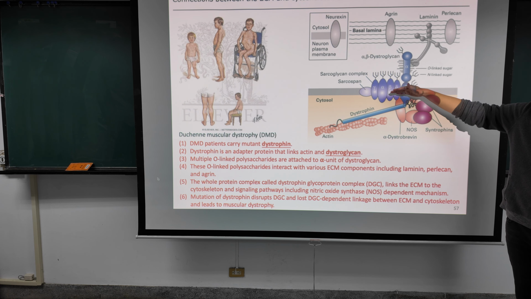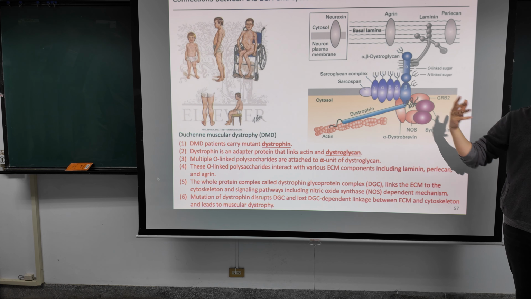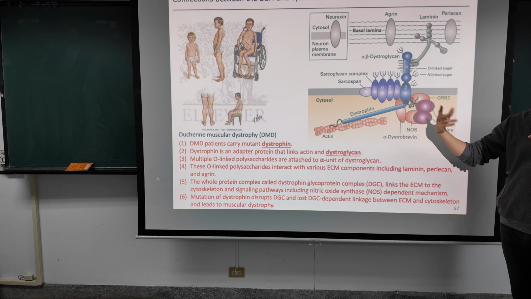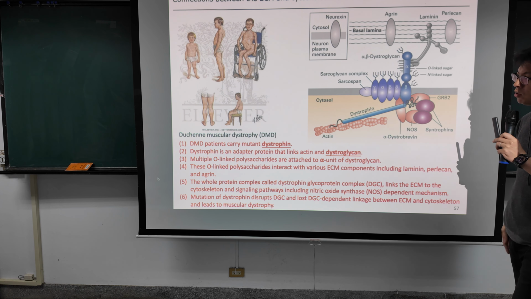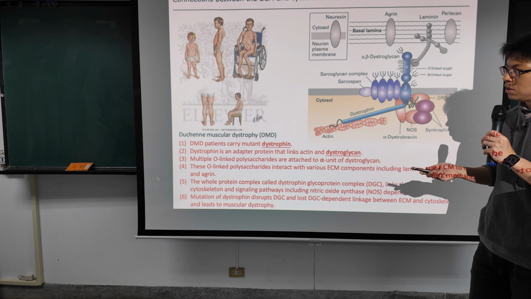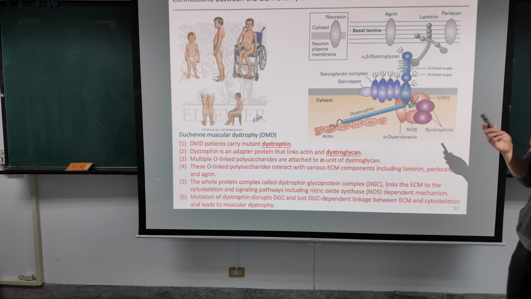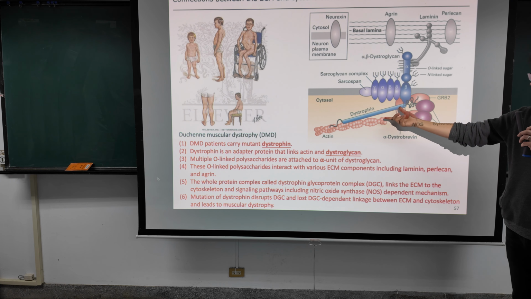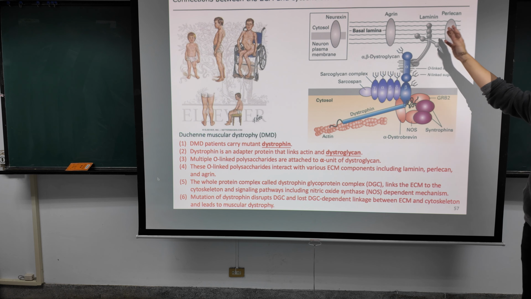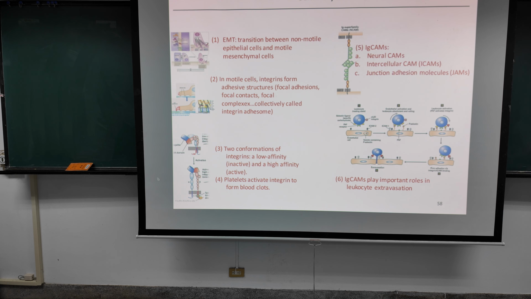Then the membrane will be damaged, the cell will not have an intact membrane, and finally will shrink or die. So dystrophin mutation finally causes one kind of disease called Duchenne muscular dystrophy. This is just an example to show you why this adaptor protein is so important for physiological conditions.